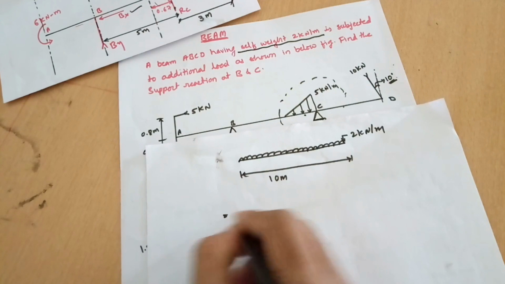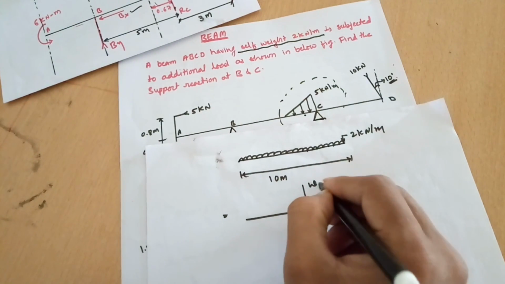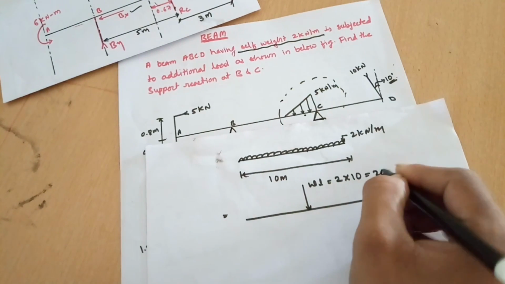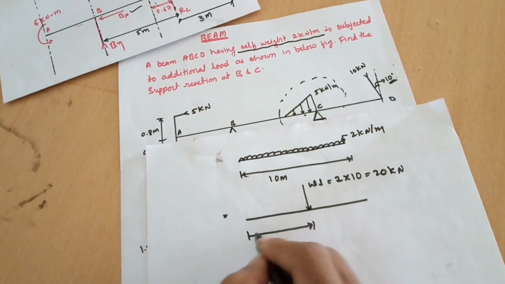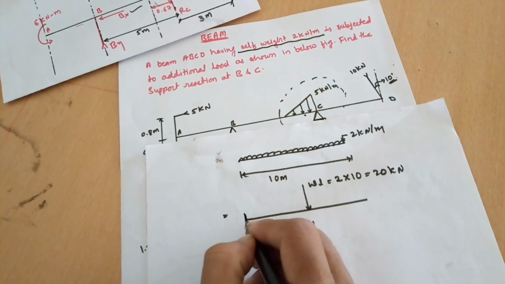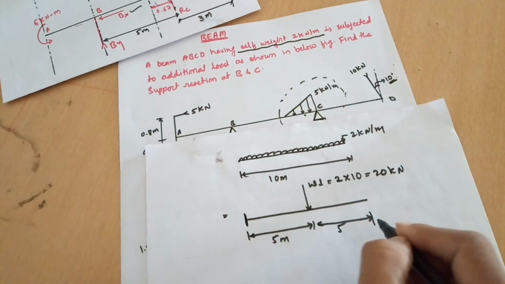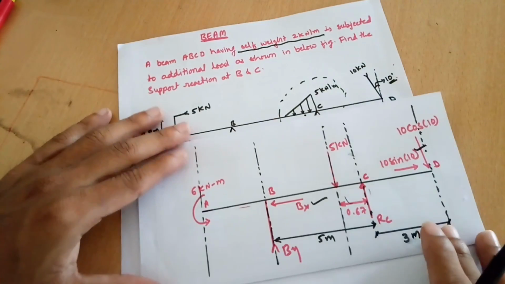Its free body diagram is, it acts somewhere here, and its magnitude is wL, that is 2 multiplied by 10 equals 20 kilonewton, and this force acts at a distance of 5 meter from this end of the beam and 5 meter from the other end of the beam. Same we have to draw here.